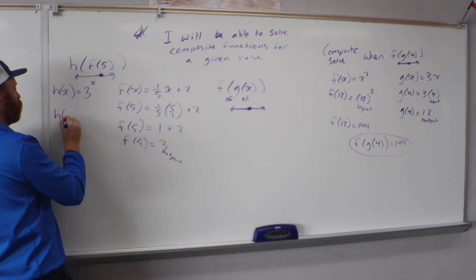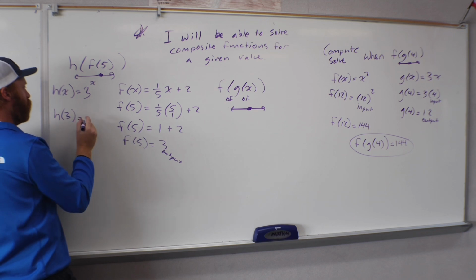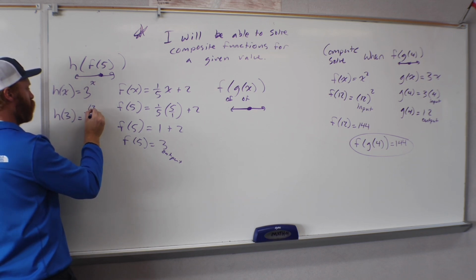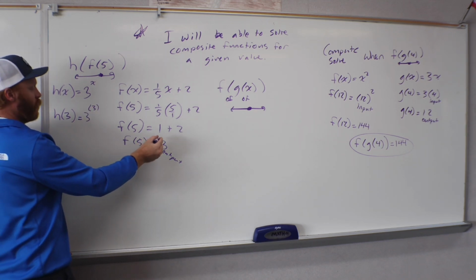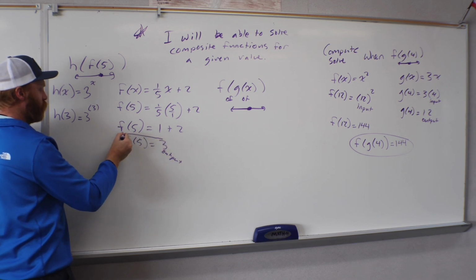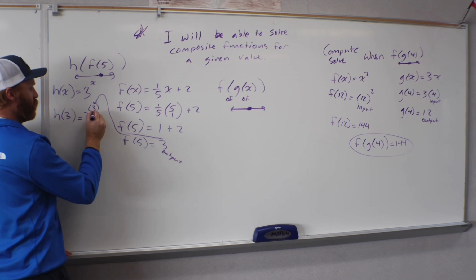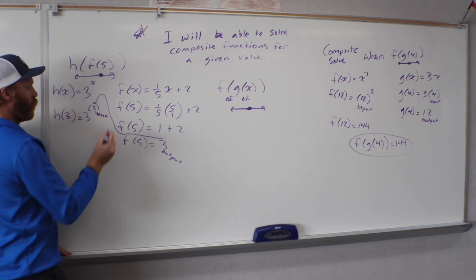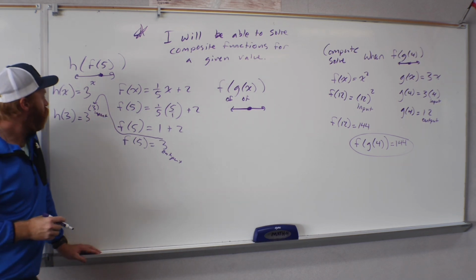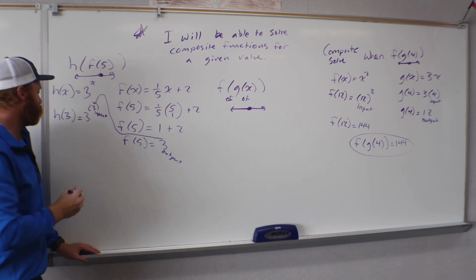So we have h of 3 equals 3 to the third power. And again, I know this is a little confusing, but we'll draw a picture here with the 3's there. That output is becoming the input up here. All right, 3 to the 3rd power, what does that mean?